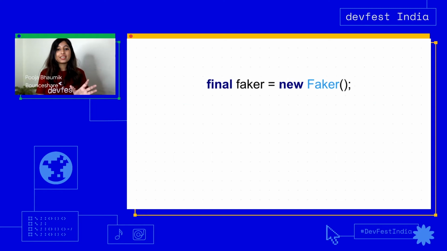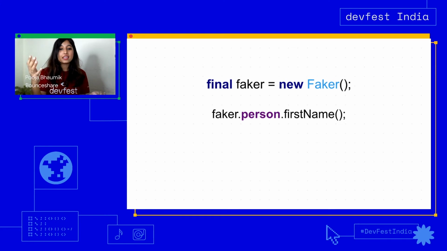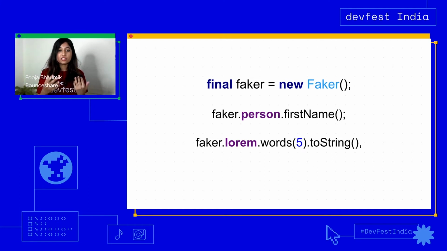This external library gives you a very easy way to use it. Just create an object of faker, import the file that it needs from your library, and then use it right away like this, like faker.person.firstName, or other things like faker.lorem.words, where you need some random words of x count.